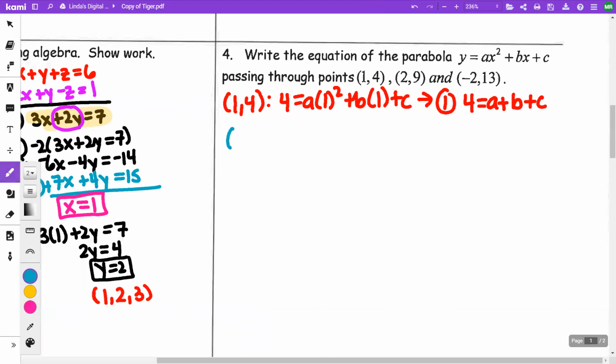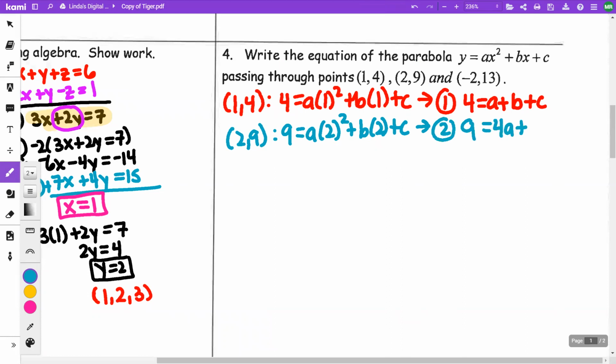Equation 2 comes from (2, 9). So I'm going to have 9 is equal to a times 2 squared plus b times 2 plus c. So that's going to be 9 is equal to 4a plus 2b plus c.